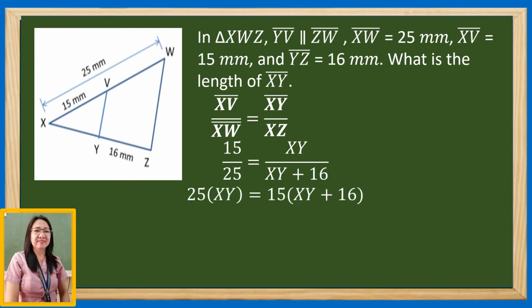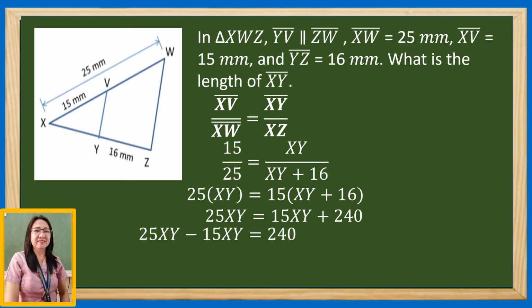Then simplifying by cross multiplication, we have 25 times XY is equal to 15 times the quantity XY plus 16. Let us have the multiplication. So we have 25XY is equal to, by the distributive property, 15 times XY is 15XY and 15 times 16 is 240.